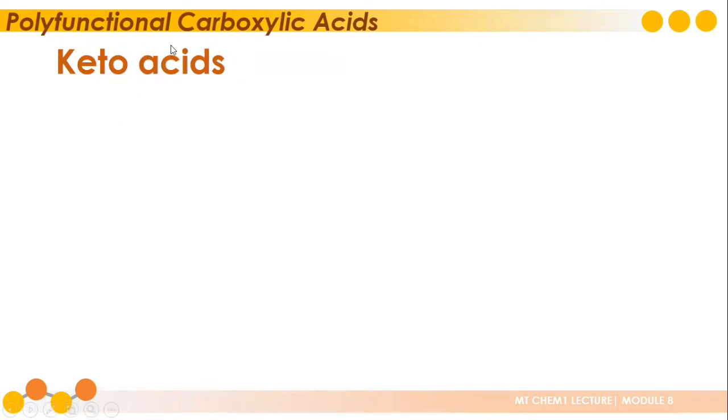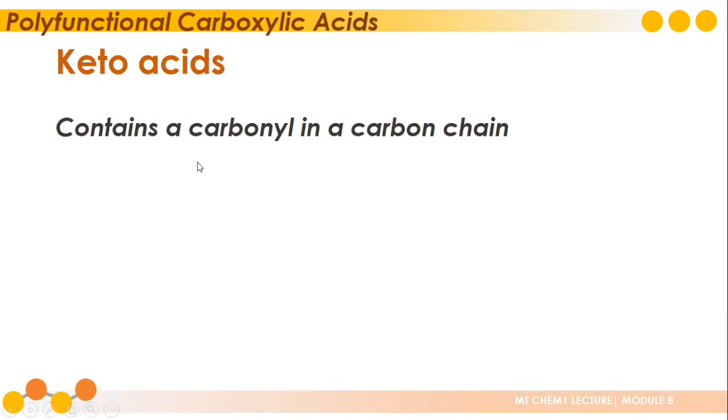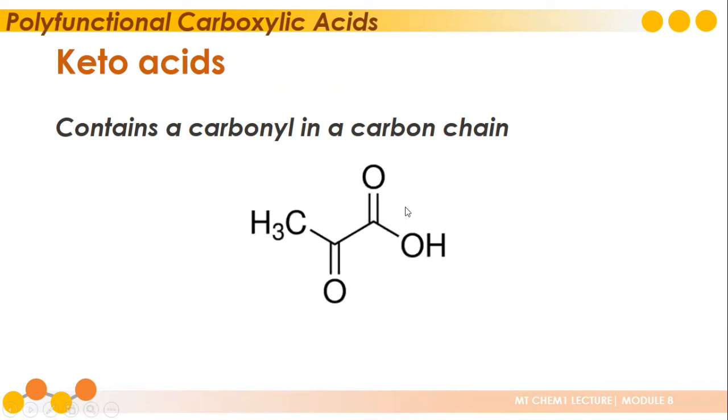Another type of polyfunctional carboxylic acid is the keto acid. It contains a carbonyl in the carbon chain itself. So we have here our carboxyl group, of course, and then we have our carbonyl group for the keto acid. What is the name of this compound?